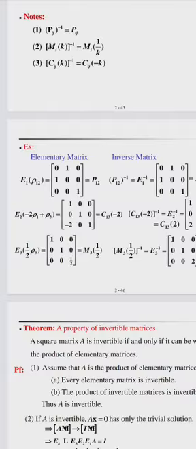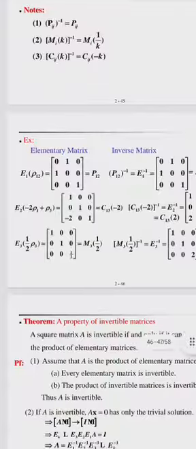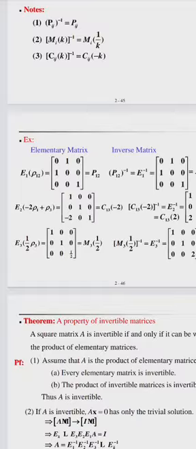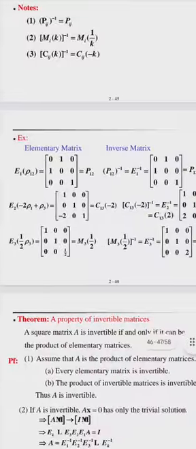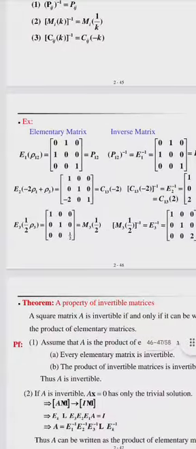Then Pij value is P12. Then next P12 the whole inverse. These two, P12 and P12 the whole inverse, are equal in value. Then P12 the whole inverse equal to E1 inverse equal to the same value P12: 0 1 0 1 0 0 0 0 1, that is equal to P12.